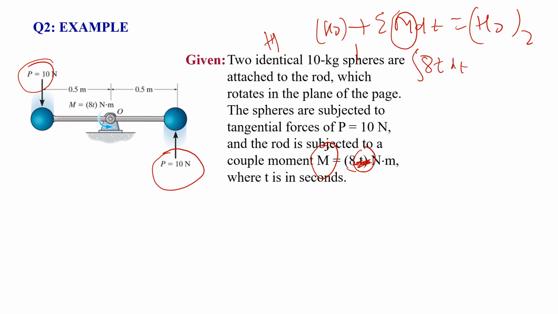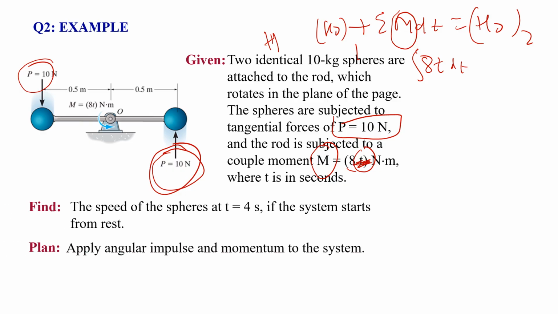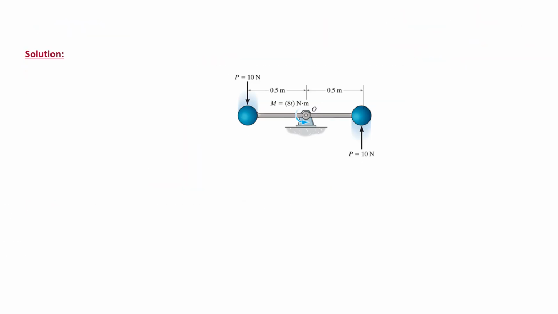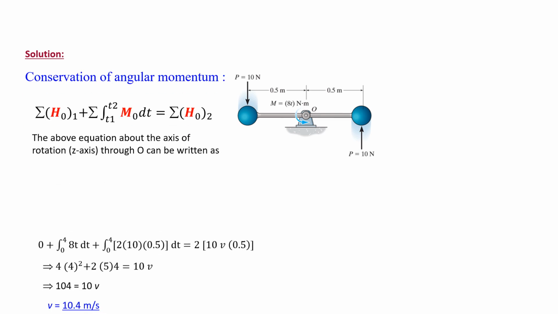You cannot take it outside of the integration sign and carry out the calculation. That is important. Also you need to find the moment of these forces, and you have to follow proper sign convention, whether clockwise is positive or anti-clockwise is positive, and then go from there.